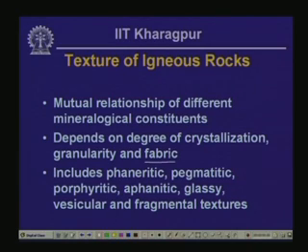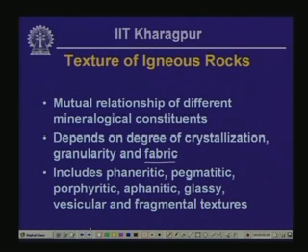If they are mainly composed of crystalline material, interlocked crystals, then it is known as phaneritic igneous rock, and if it is composed of very little crystalline material, then it is going to be called aphanitic, or an igneous rock of glassy texture. Then there could be other types of texture also, called vesicular texture or fragmental texture.